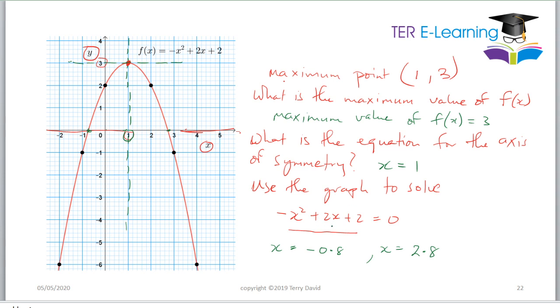When you have to solve an equation like this, the graph is already plotted for you, and we put that equal to 0. My x-axis is also the line y equal to 0. So what I need to do is look at my x-axis. This line is my x-axis. What you are trying to find out is where the x-axis cuts the graph.